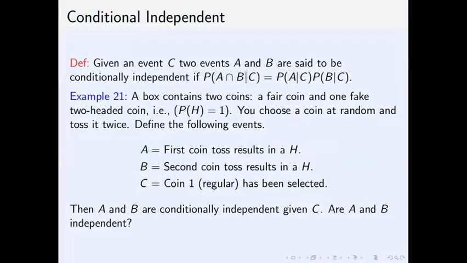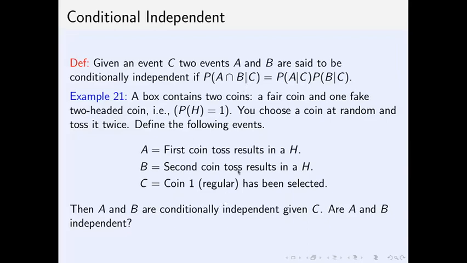Now a question comes to mind: if A and B are conditionally independent given C, does that imply A and B are independent? By independent, I mean unconditionally independent. So the question is, if A and B are conditionally independent given the event C, does that imply A and B are unconditionally independent?